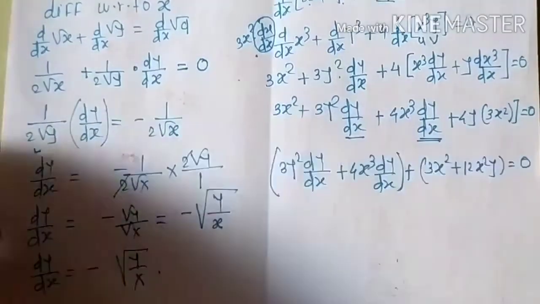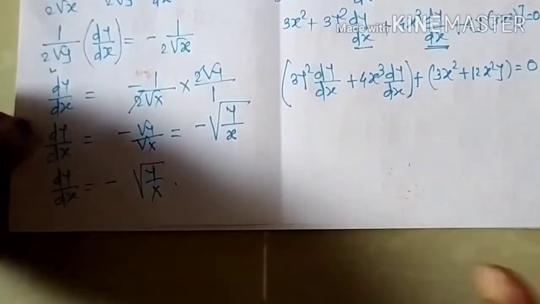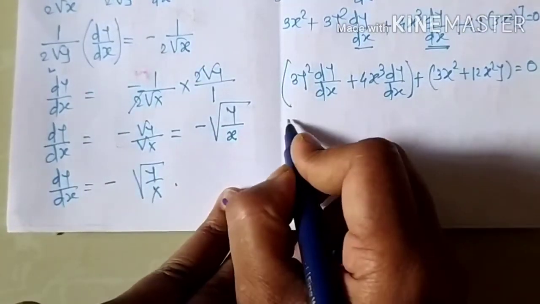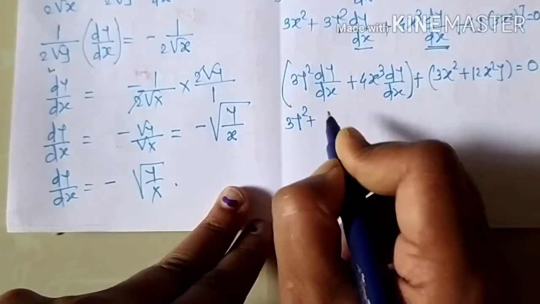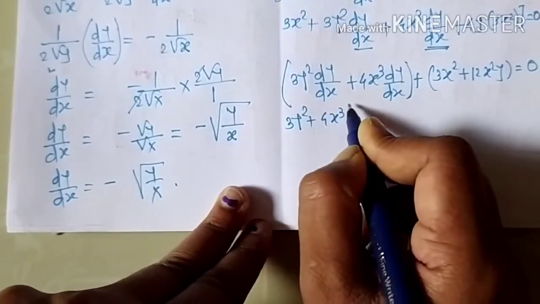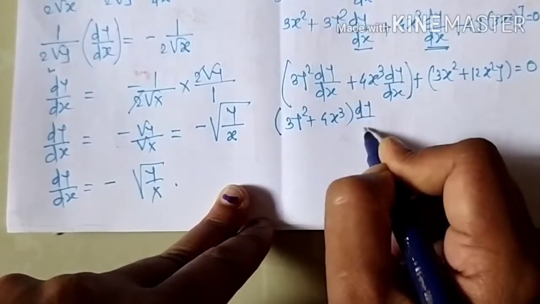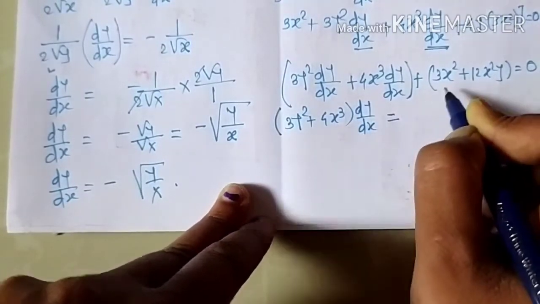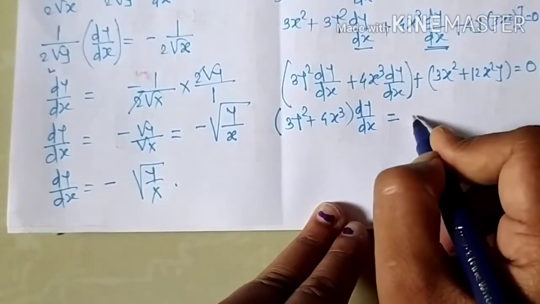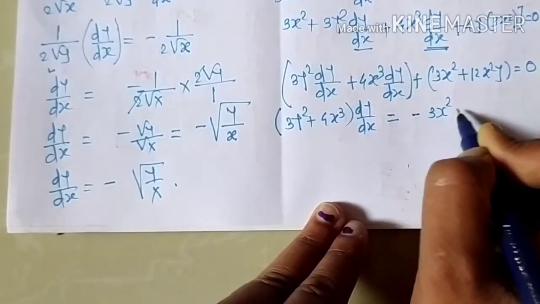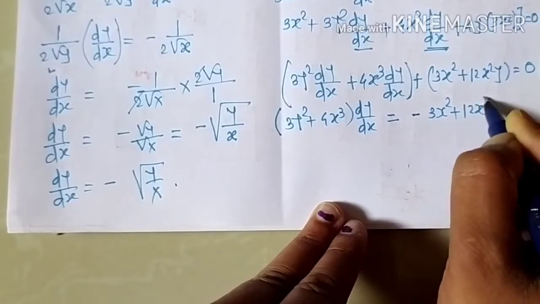Then in order to find the value of dy by dx, we take dy by dx outside, that is 3y square plus 4x cube into dy by dx is equal to, comparing this term equal to 0, minus of 3x square plus 12x square y.